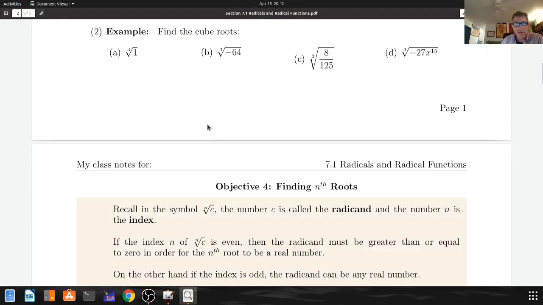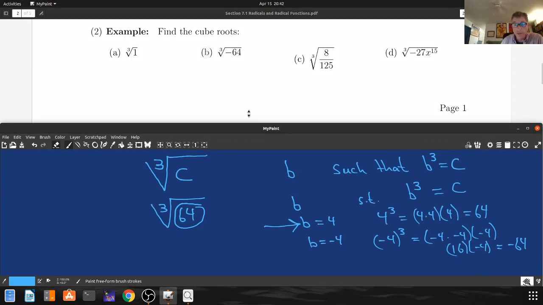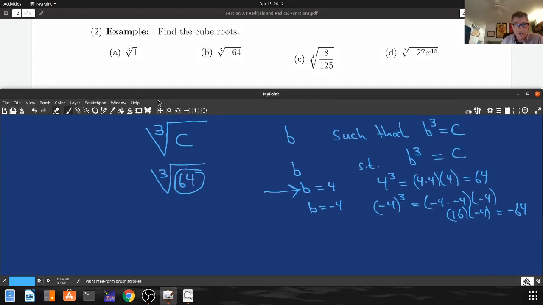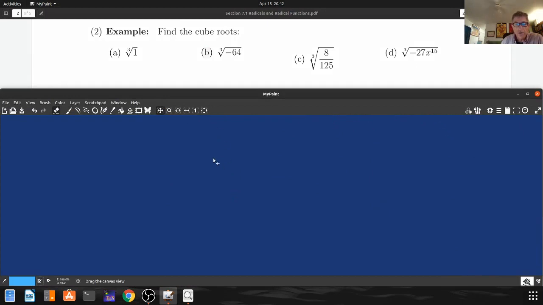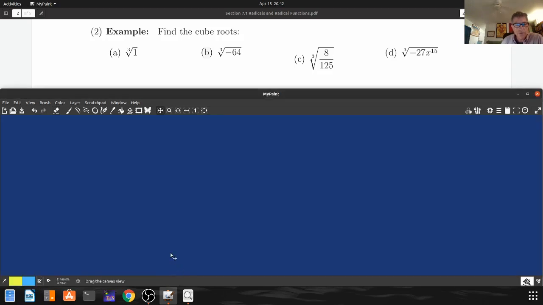Not too hard. Again, we're going to find these by looking and using literally the definition. So that's how it always starts. Sometimes using the definition when it's so ingrained is rather difficult, but we're going to do it anyway. So I want the cube root of 1.